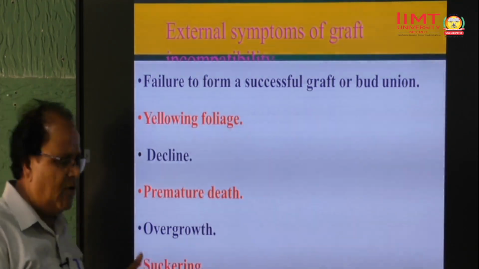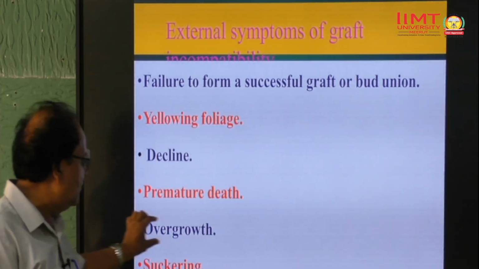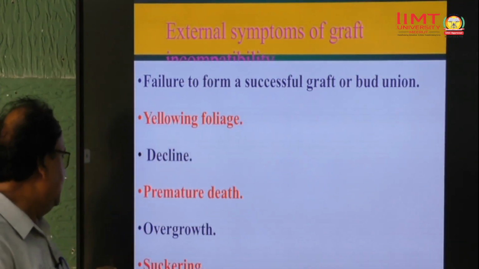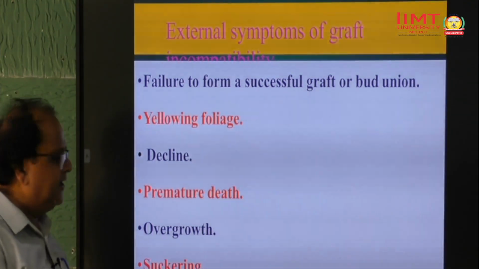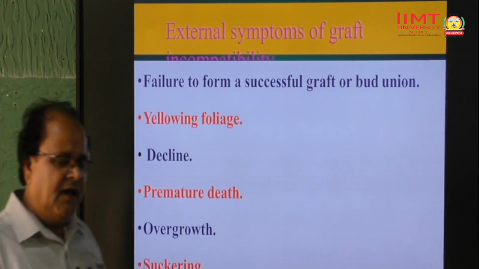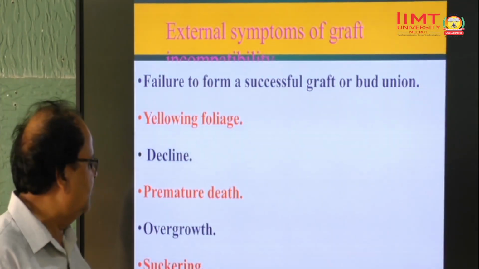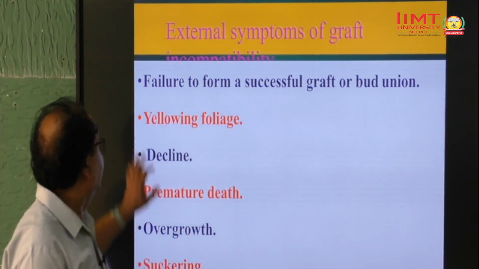Overgrowth at the time of combination of the rootstock and scion is also a cause of failure of the rootstock and scion. Suckering also develops if the rootstock and scion fail. In a few cases, suckers or water suckers develop on the lower side of the rootstock, which is also a cause of failure of the scion and grafting.